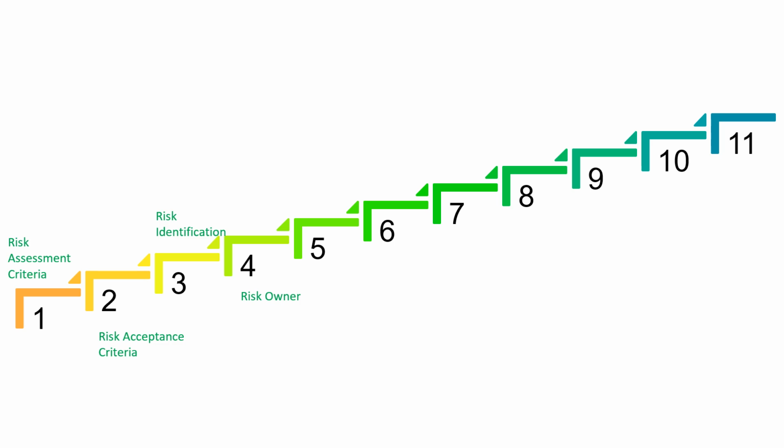Question number 4. Whether risk owners are identified. Question number 5. Whether probability of identified risk is determined. Question number 6. Whether impact of identified risk is determined. Question number 7. Whether level of risk is determined.